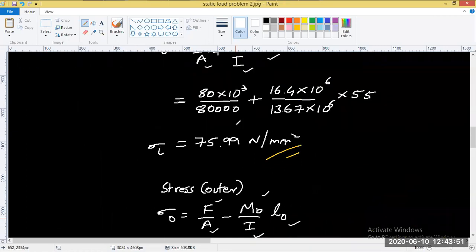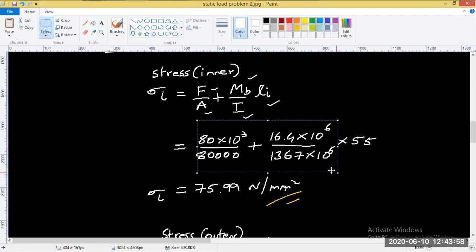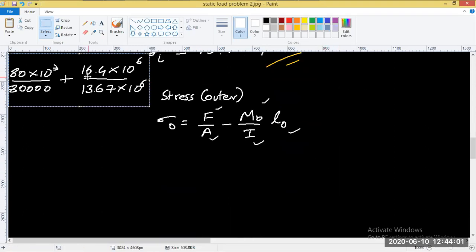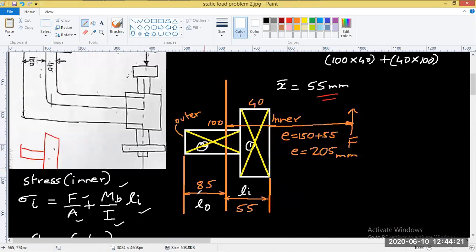So we'll be having the same thing. The only things that change are the sign and the fiber. So this is force, this is area, minus, and L naught. L naught, or LO, is the outer length of the outer portion from the neutral axis. So this is our neutral axis, right?